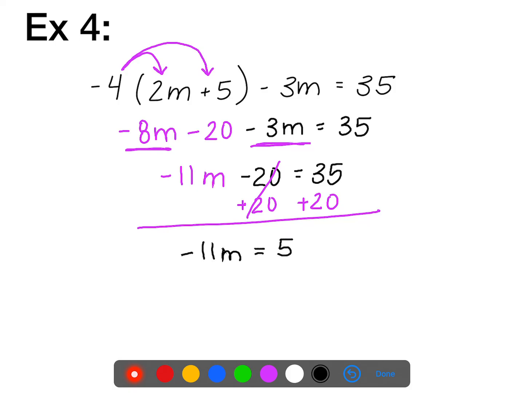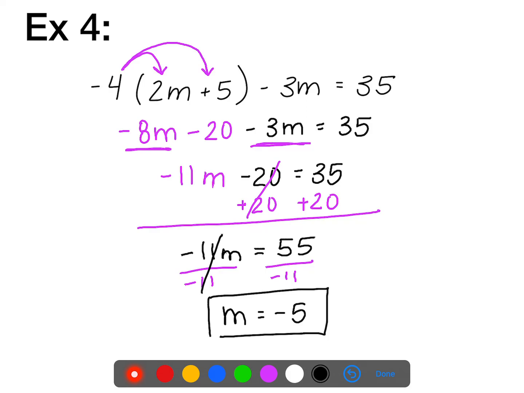So I get -11m = 55. I divide by my -11, and I get m = -5. Easy as can be for you? Yes. Awesome.